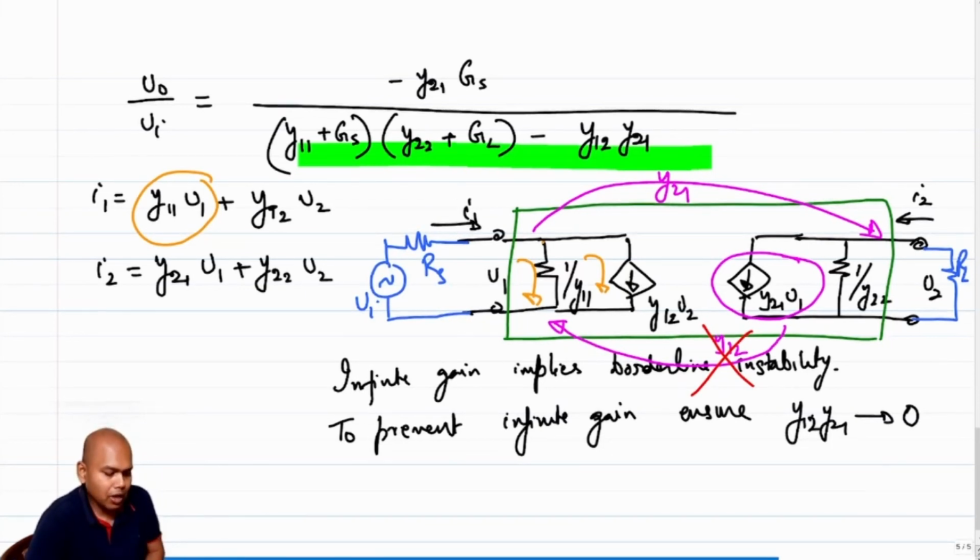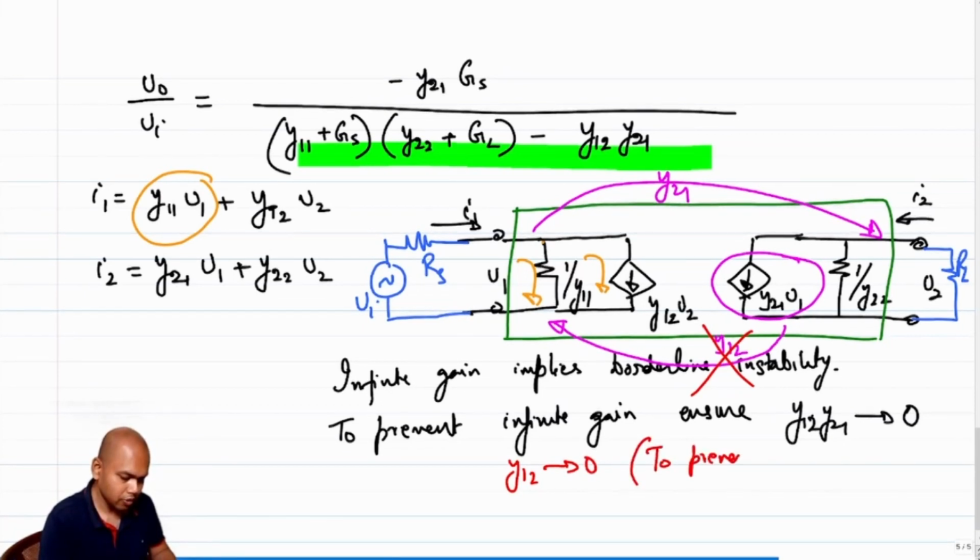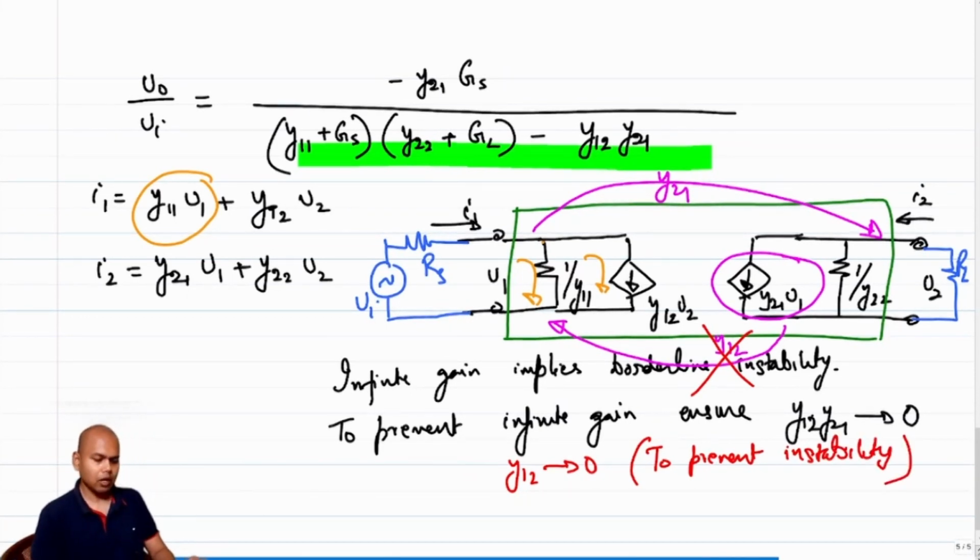So essentially you would want Y12 to be 0, right? So we want Y12 to be 0 to prevent instability, right? Okay, what about the rest?